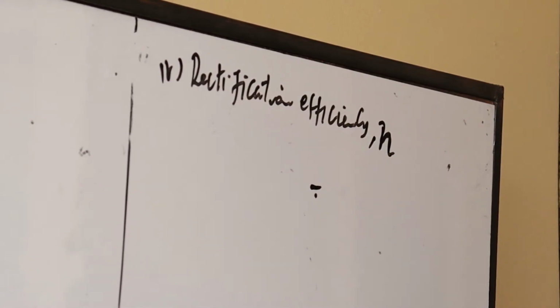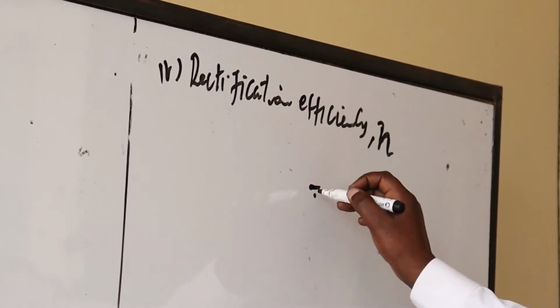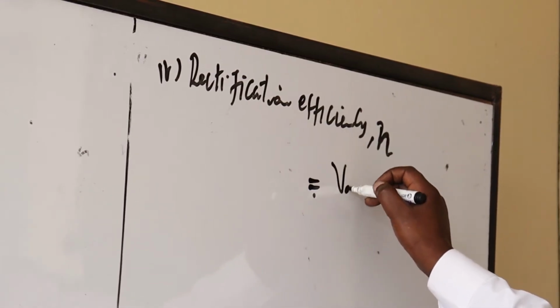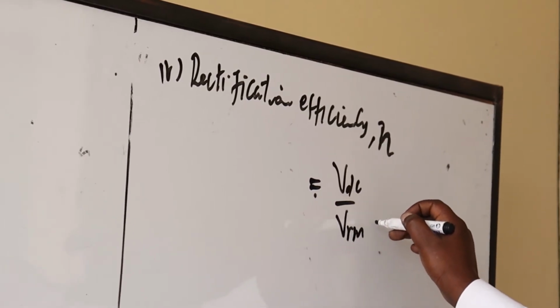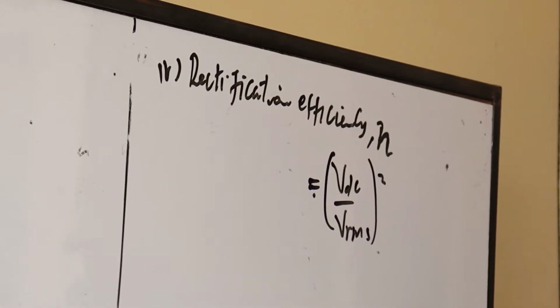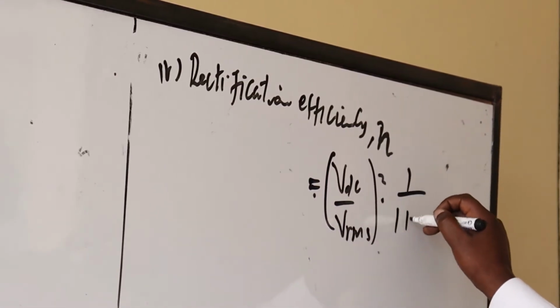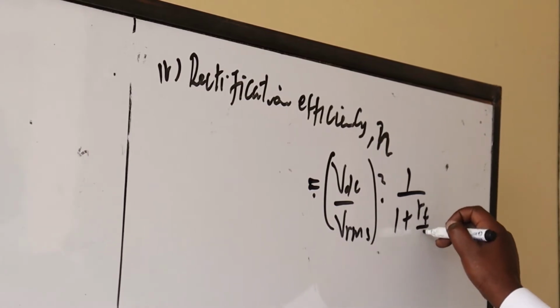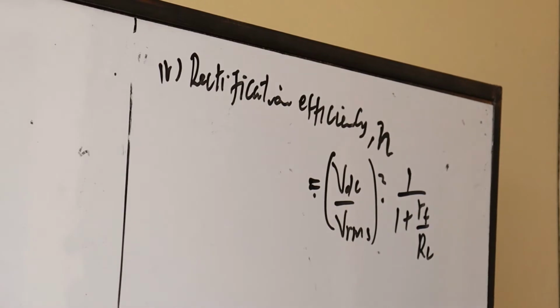It will be given by VDC all over VRMS squared times 1 over 1 plus RF all over RL. This will give us the rectification efficiency.